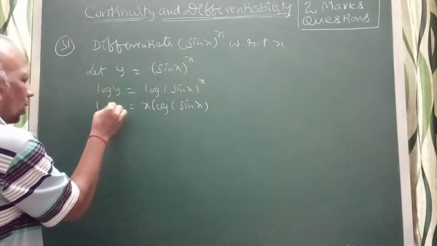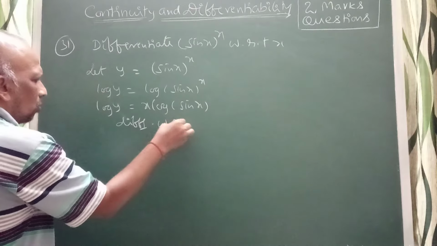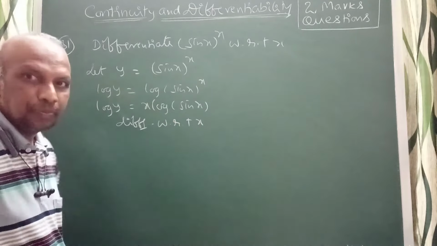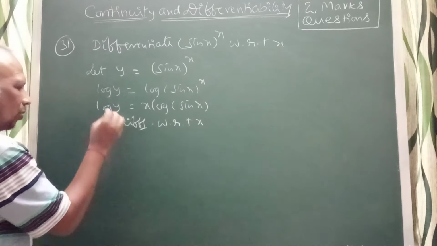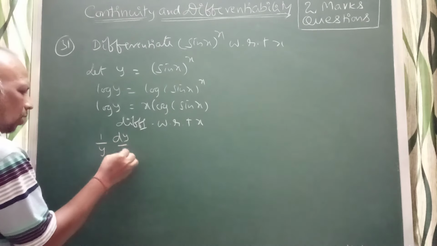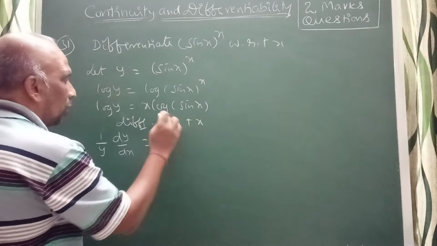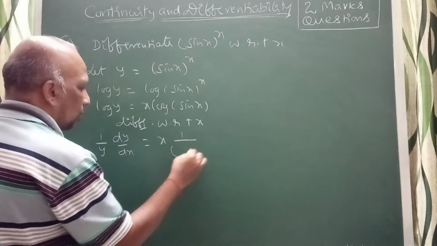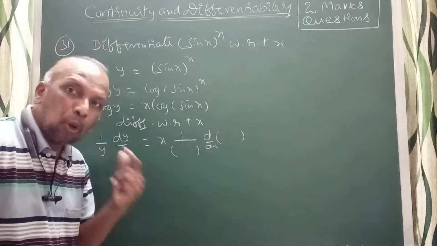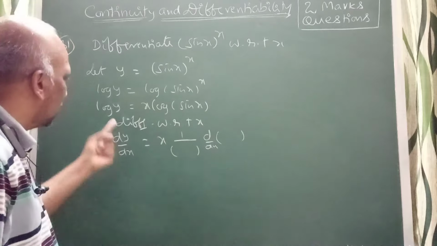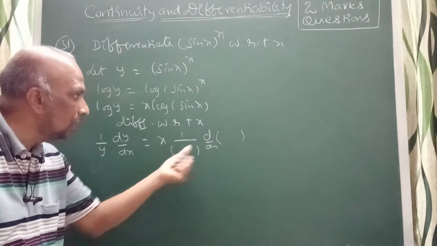This is log y. Now differentiating with respect to x. Derivative of log y is 1 by y, derivative of y, dy by dx. Product: x into derivative of log of something, 1 by something, dy by dx of something. Only for log x it means 1 by x, since here it is not x, so 1 by this.